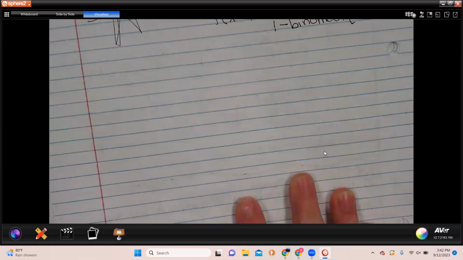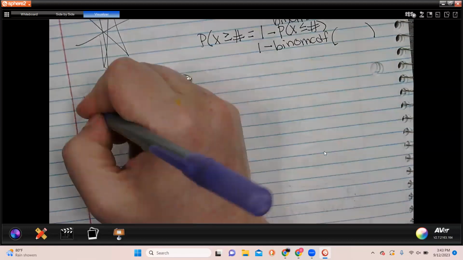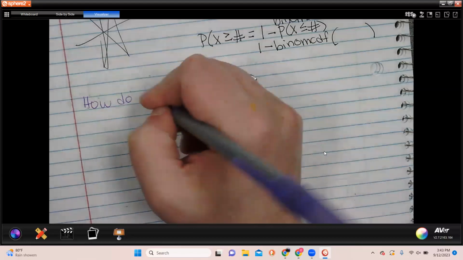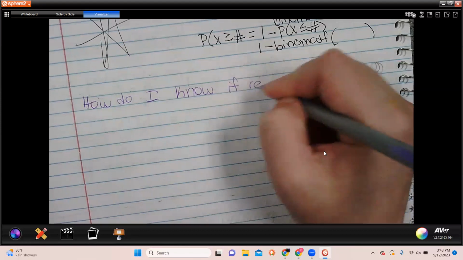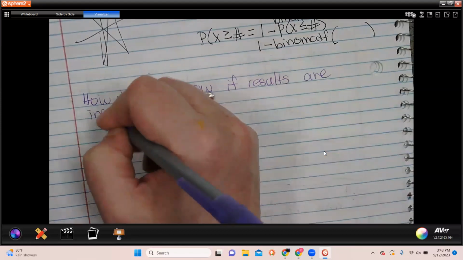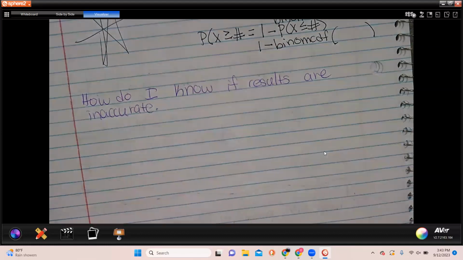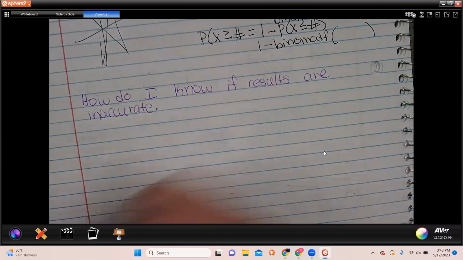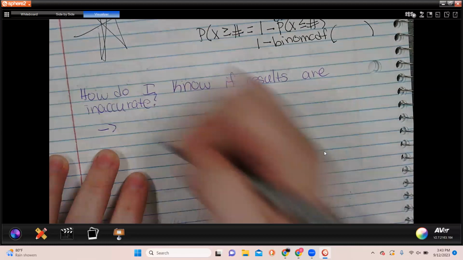Now there's one other thing I wanted to mention, and it's about inaccurate data. How do we know if data is inaccurate? So how do I know if results are inaccurate? Now, this comes from something that you learned, I believe, in Module 3.